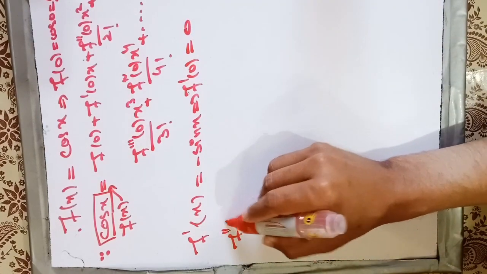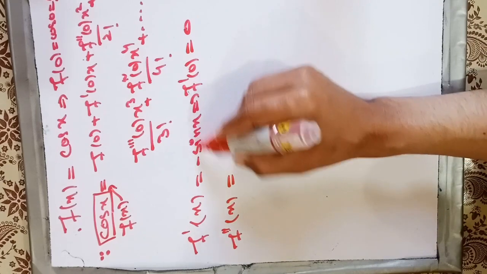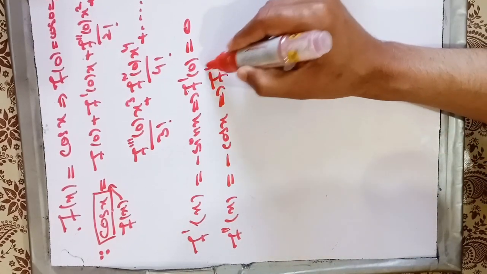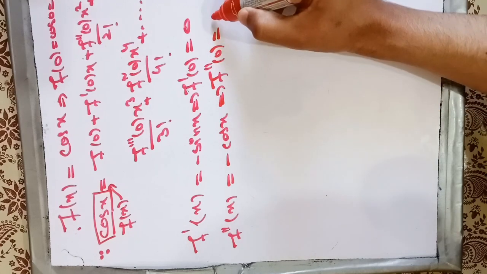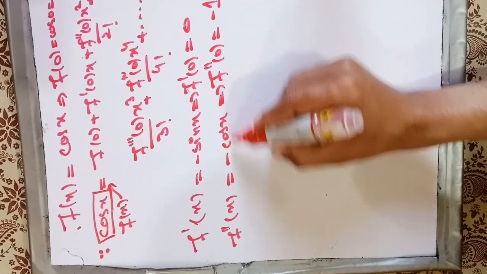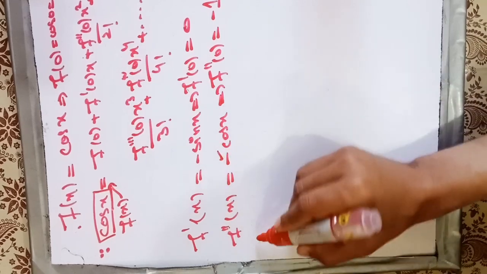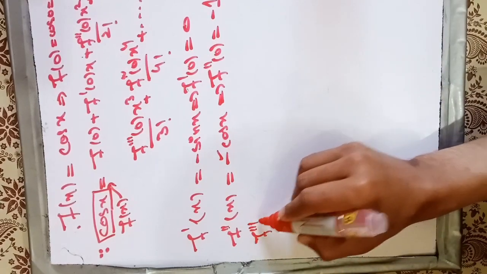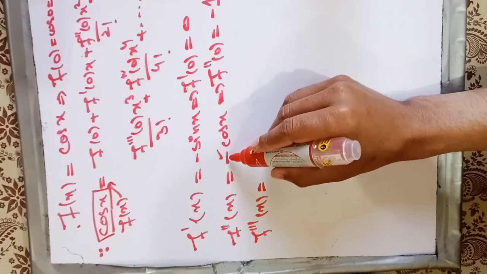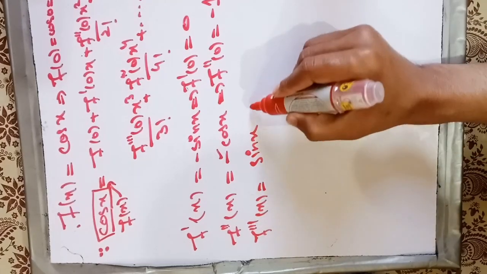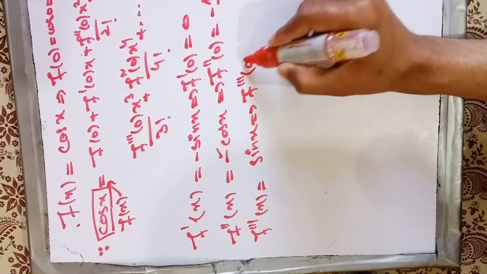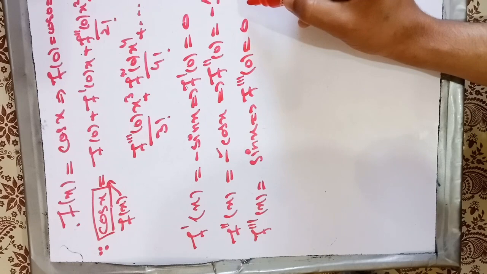If we take the second derivative of this function, then minus cos x will be the answer, and the second derivative at 0 will be minus 1, because cos 0 is 1, with the minus sign. For f triple prime at x, you can see that minus minus cancel and we get sin x, and f triple prime at 0 gives the answer 0.